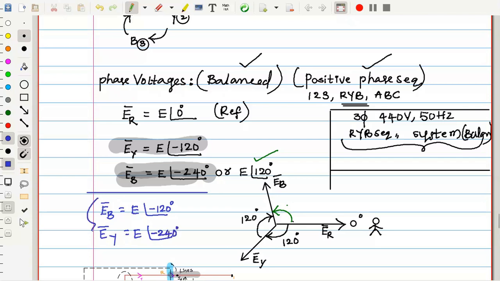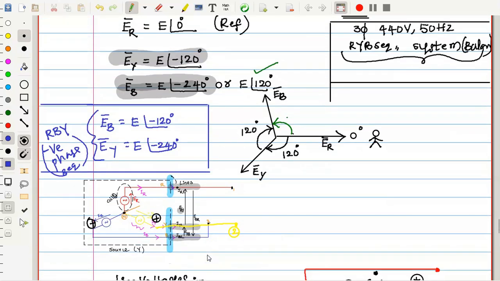Remember that this is for negative phase sequence, or RBY phase sequence, which is negative phase sequence. Try to understand these things clearly, as they are helpful in solving problems most of the time. This is just extra information.